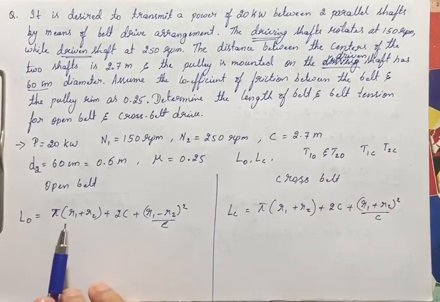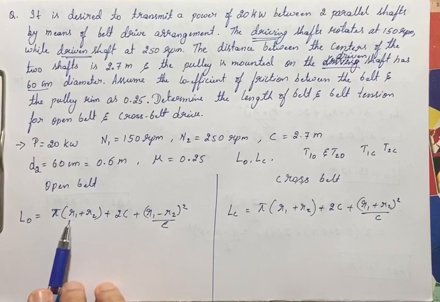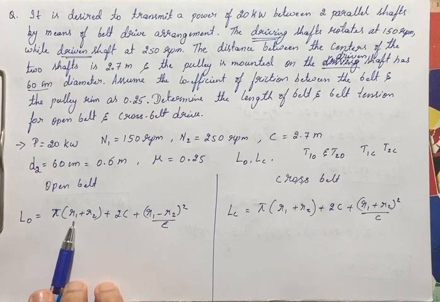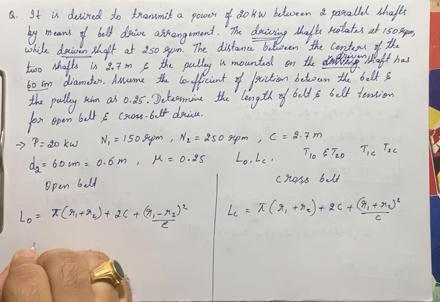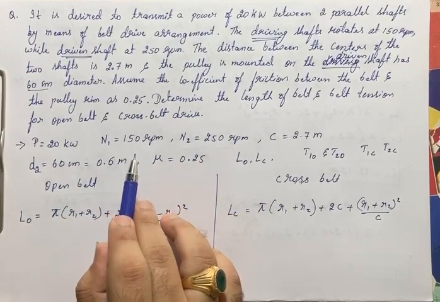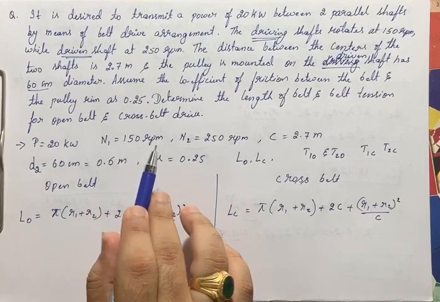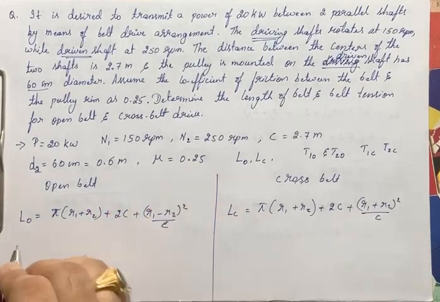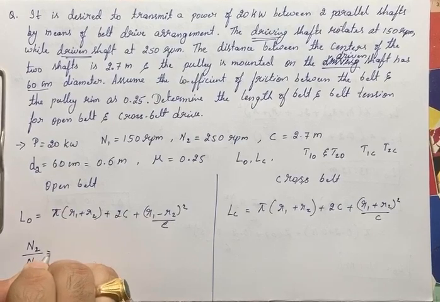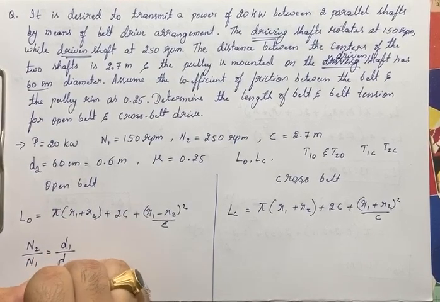In this, we know the C value, and we know D2, that is R2, but we don't know R1. To find R1, we use the velocity ratio, N2 by N1. With that formula I can find R1: N2 by N1 equals D1 by D2.